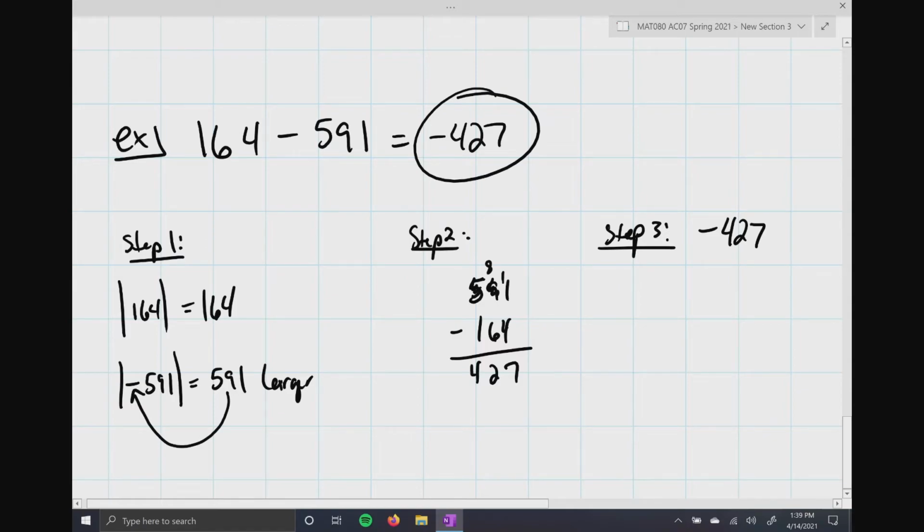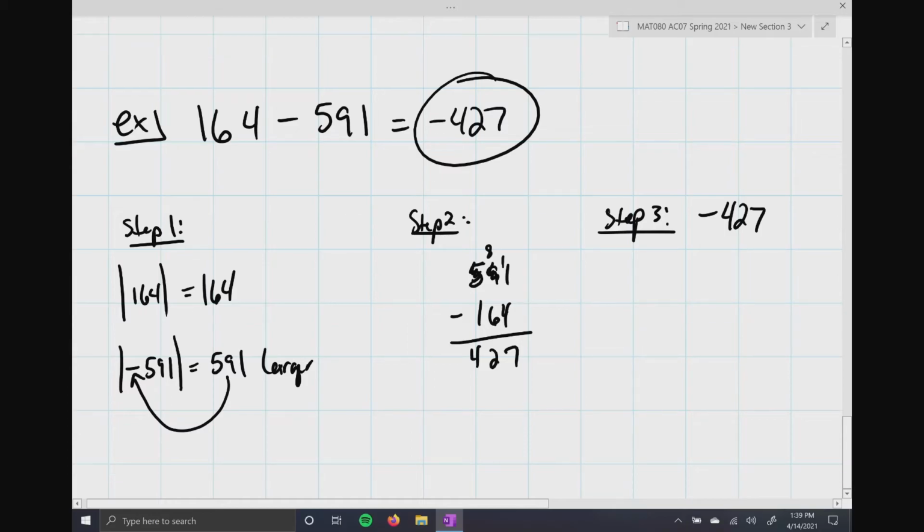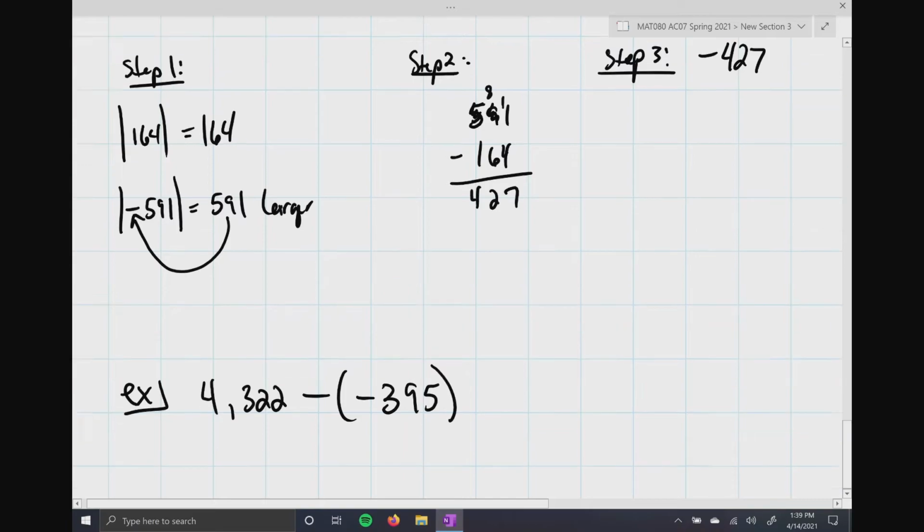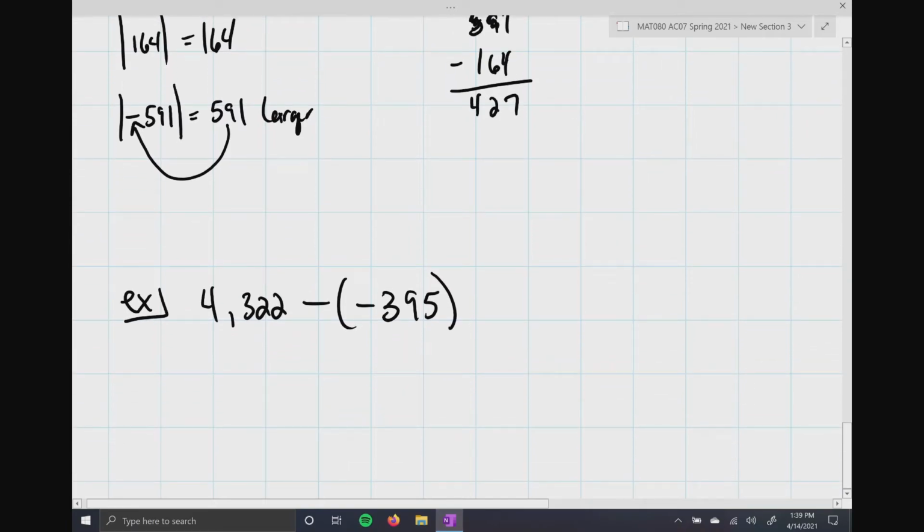Now, there is one situation that we need to be aware of. And that situation is in this example right here.